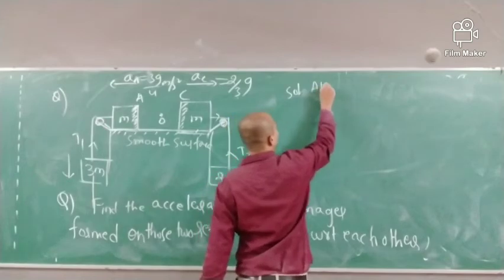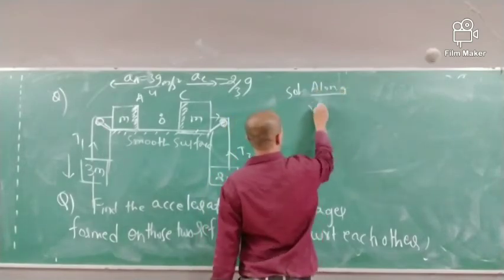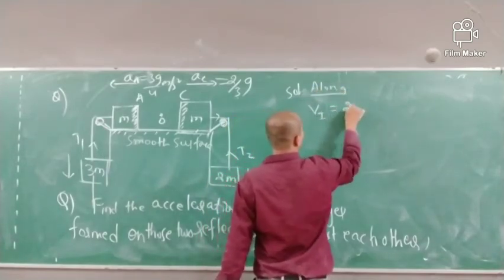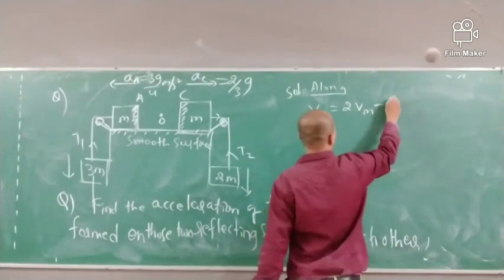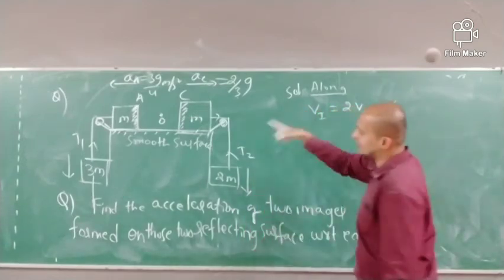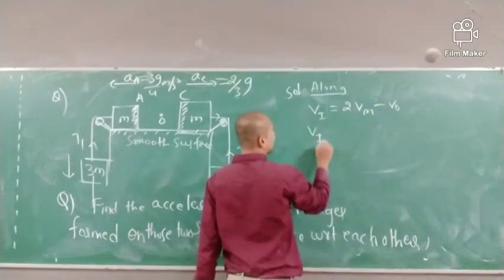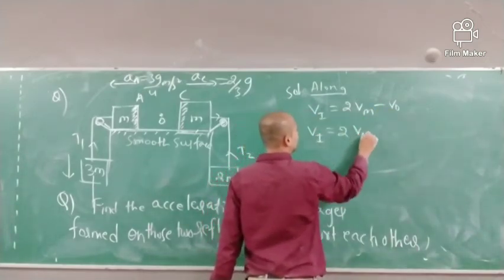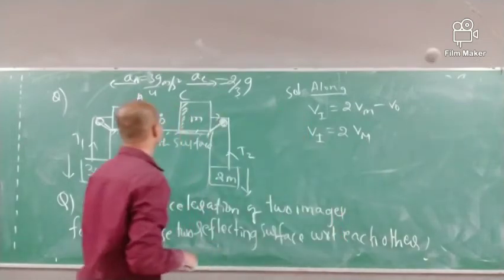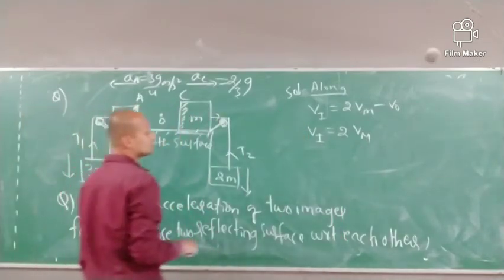Along x-axis, I can write velocity of an image is equal to 2vm minus v0. In both cases, v0 is 0. So vi will become 2vm. Correct?